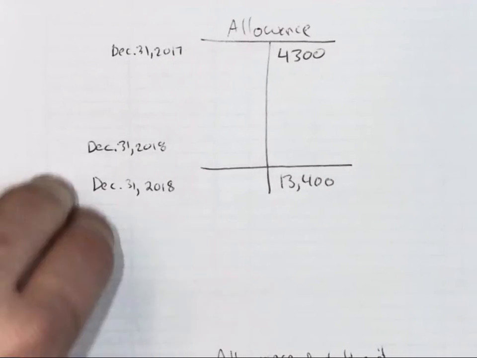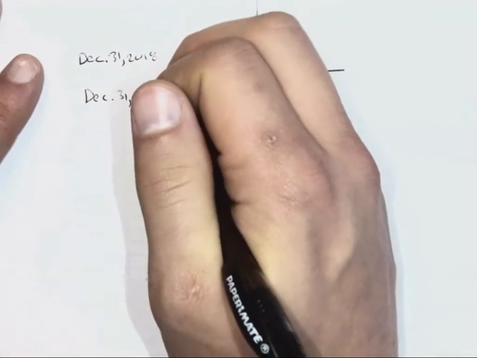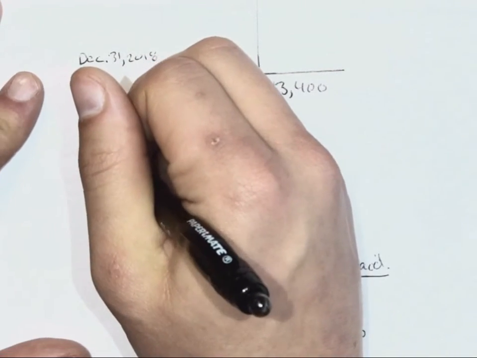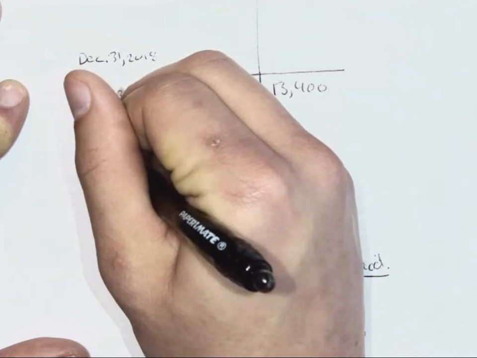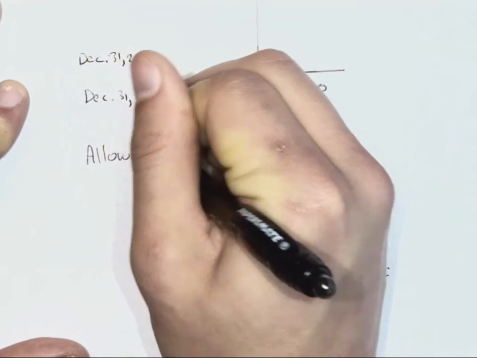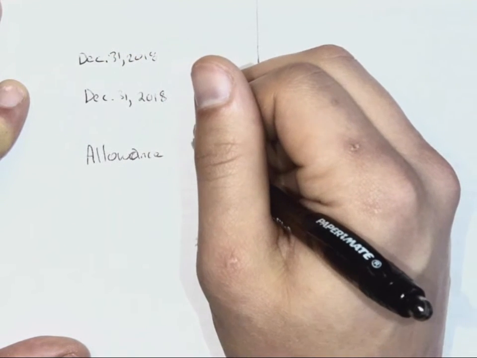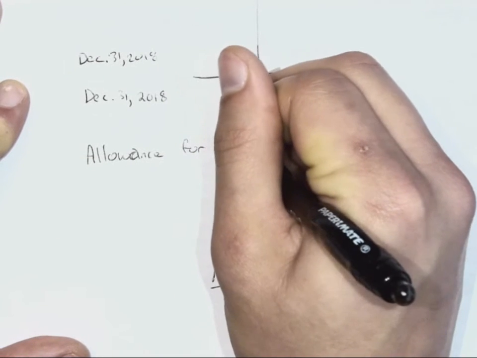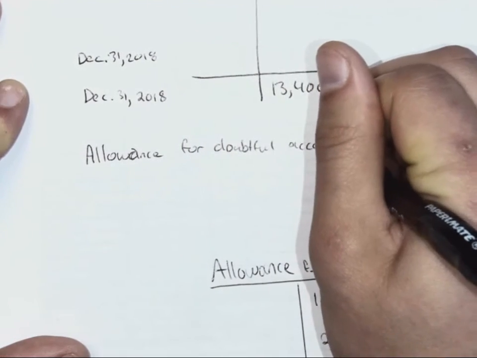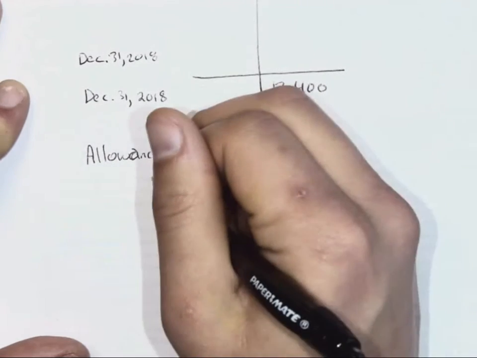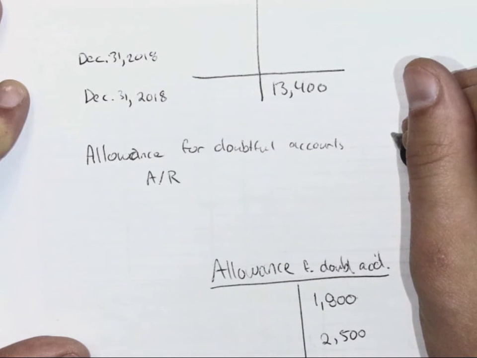So when we write off accounts, the journal entry looks like this. No cash changes hands because we don't receive any cash, right? Let's see what would be.